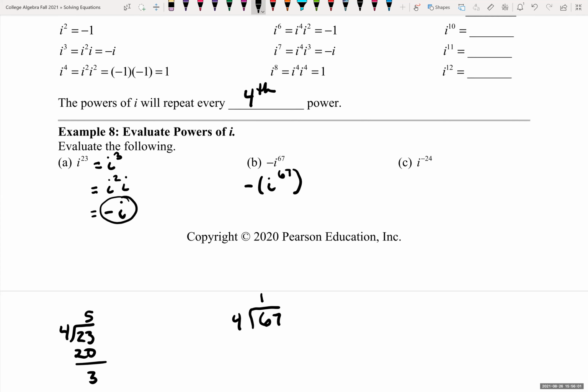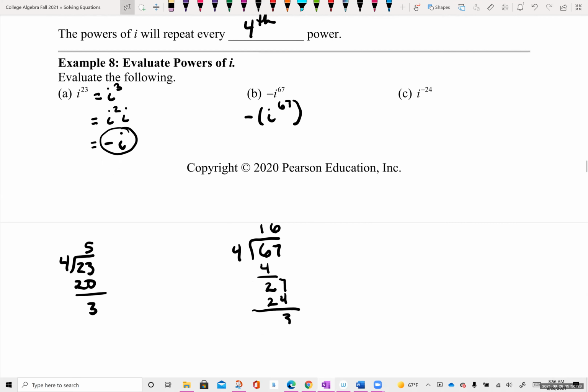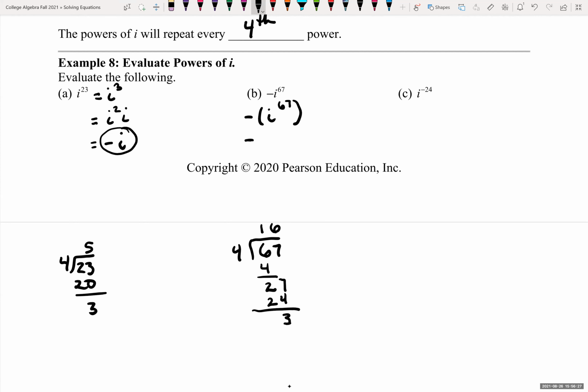So okay, 4 goes into 6 once. Subtract, so I get 2, bring down my 7. 4 goes into 27 6 times. So 4 times 6 is 24. Looks like I have a remainder of 3 again. So this is equal to the same thing as negative of i cubed. And i cubed, we know, is the same thing as negative i.